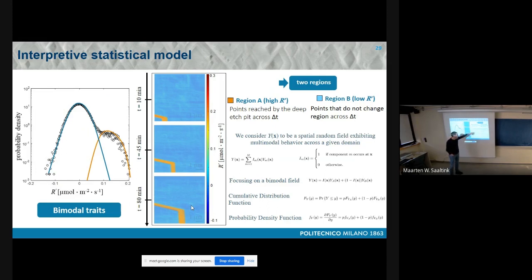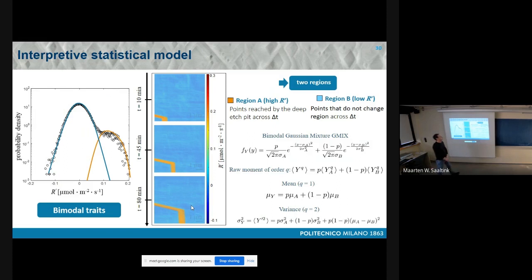These are classical developments associated with the probability density function. Then you come up with a bimodal mixture of these fields. Again, nothing new. You can come up with raw moments of order Q, mean, variance.